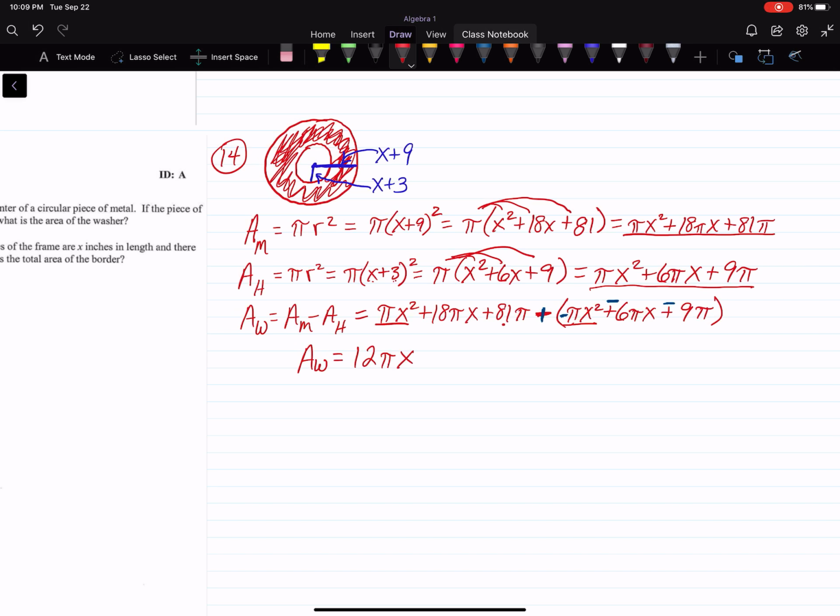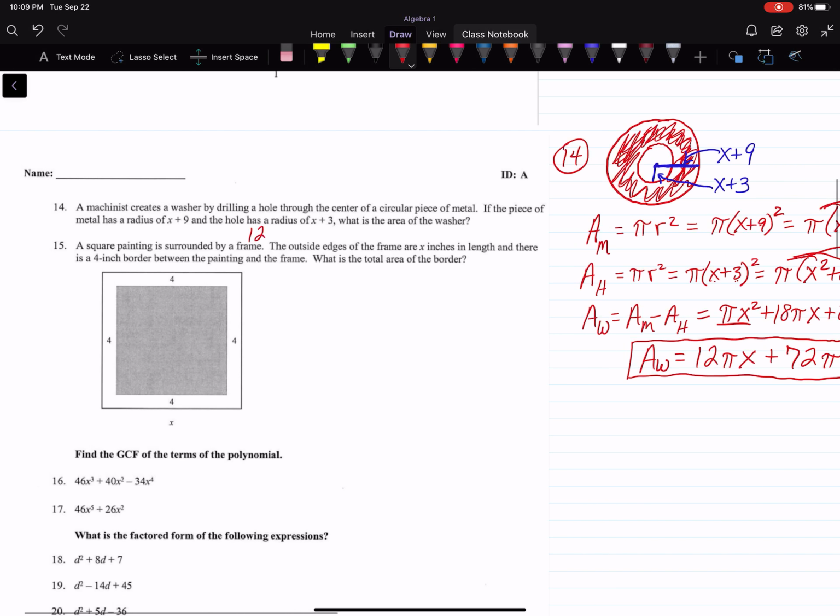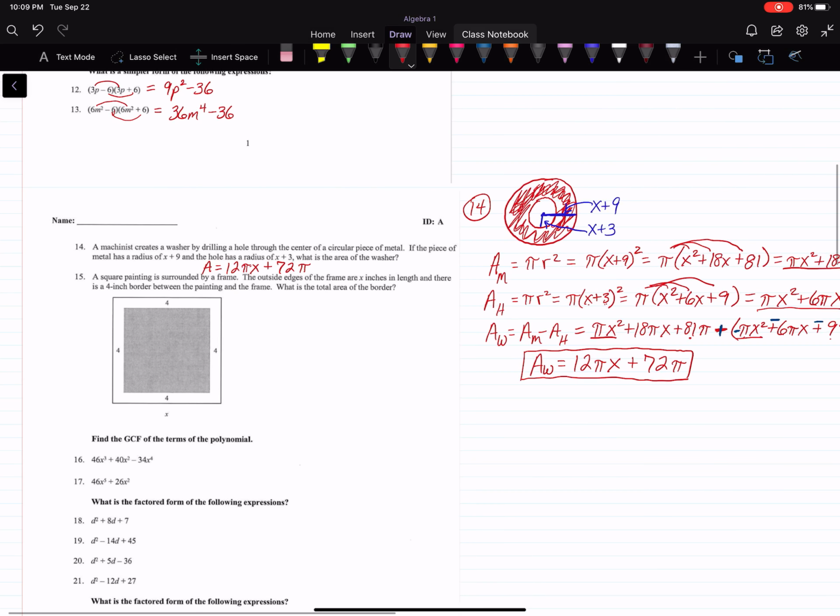And 81 pi minus 9 pi would be 72 pi. That is the area of the washer: 12 pi x plus 72 pi. So that's kind of a long one, but it is what it is.